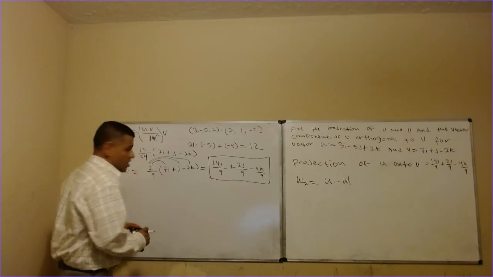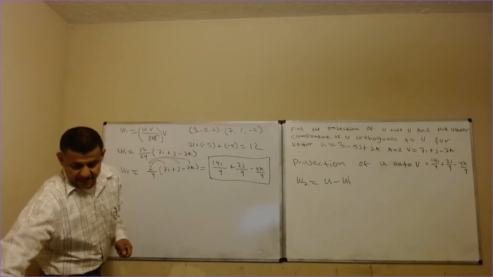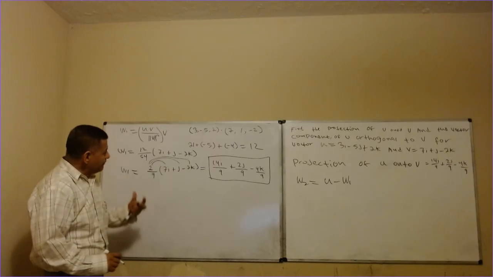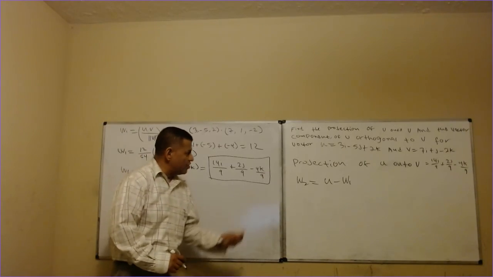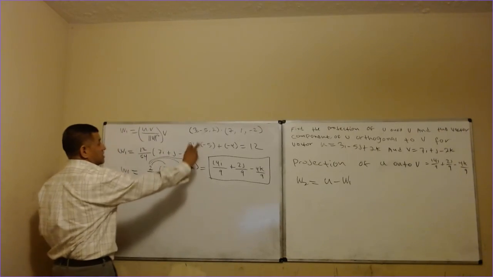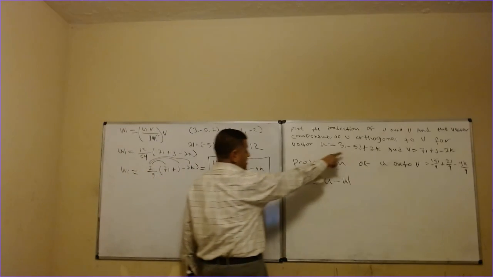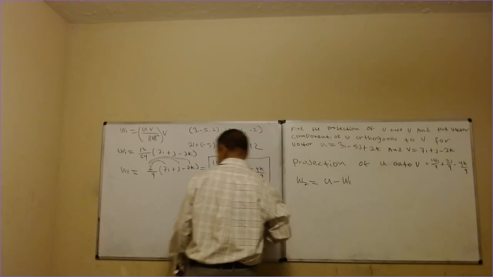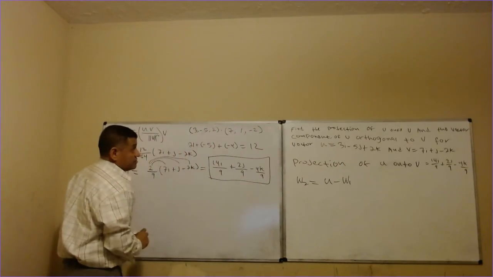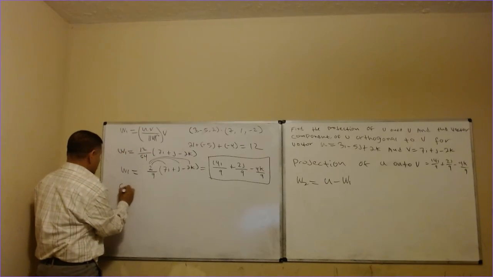Okay, so now what I can do right here is the following. I write the vector U, which is this, minus that.